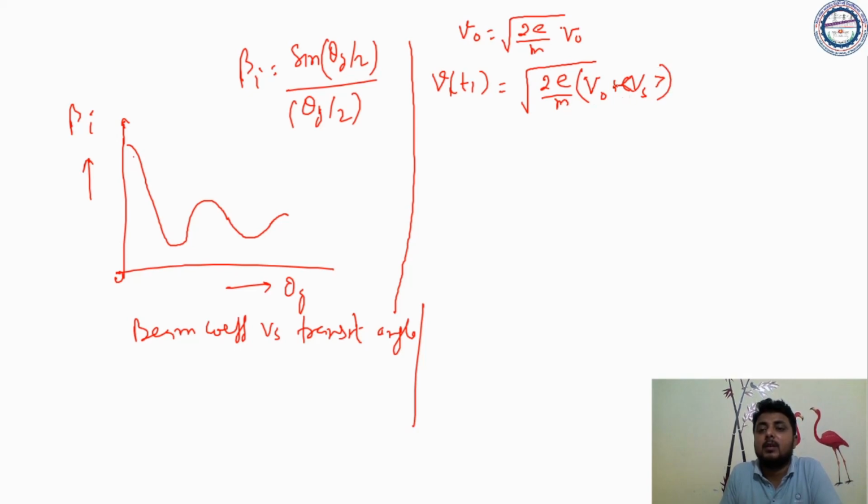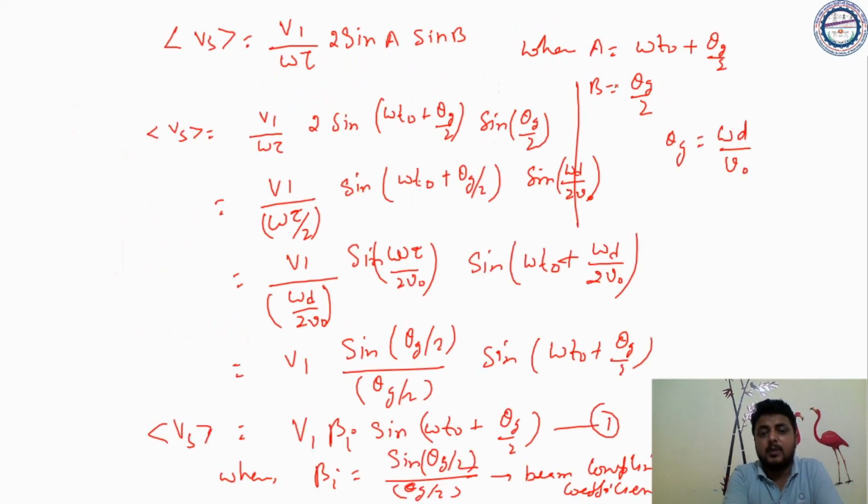Means this v naught was already there, and the vs is applied at the gap. So if we substitute this vs, previously we have vs equal to this value, equation number 1, we will try to substitute equation number 1 in that equation.